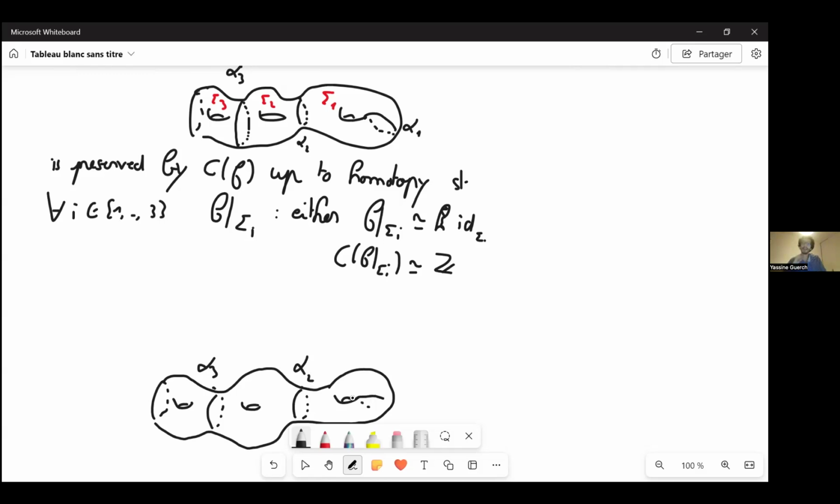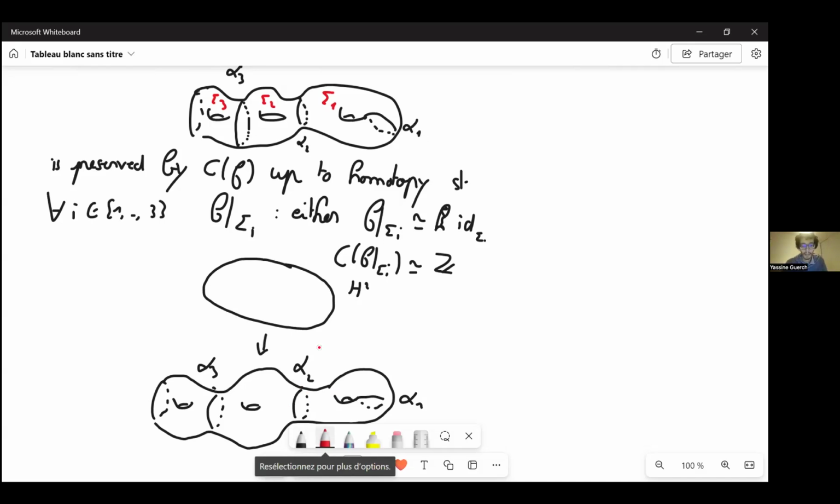I assume that the universal cover is isometric to H2. And in H2, I will look at lifts of the closed curves alpha 1, alpha 2, alpha 3. They are disjoint because the representatives in the quotient are disjoint.